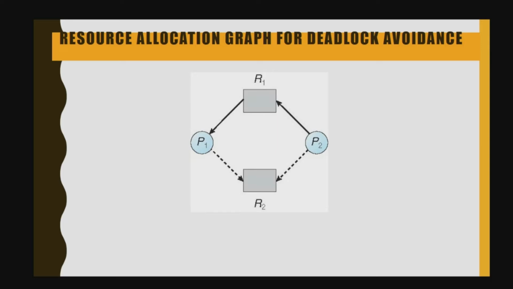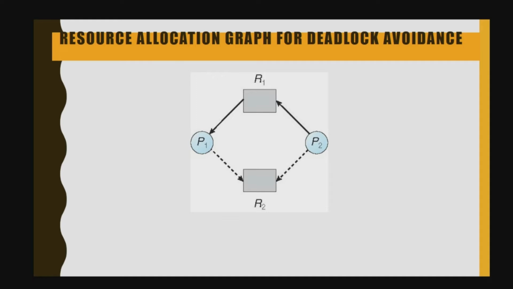We cannot allocate R2 to P2 in this case. Even though R2 is free and no one uses it, in order to avoid deadlock we cannot allow P2 to use R2. Why?